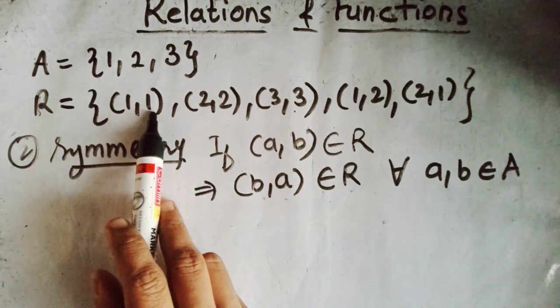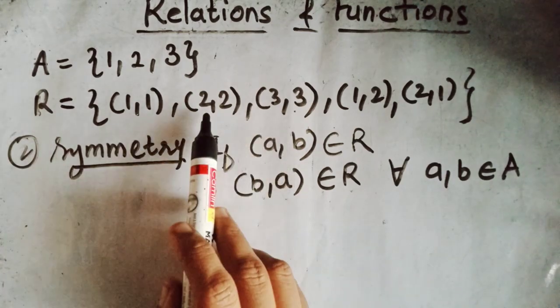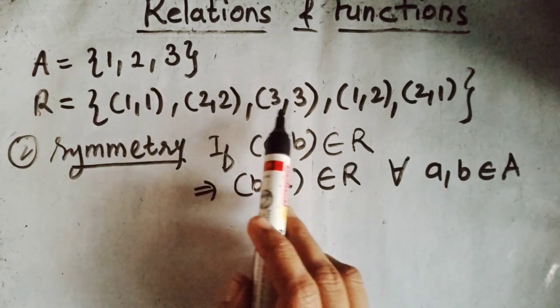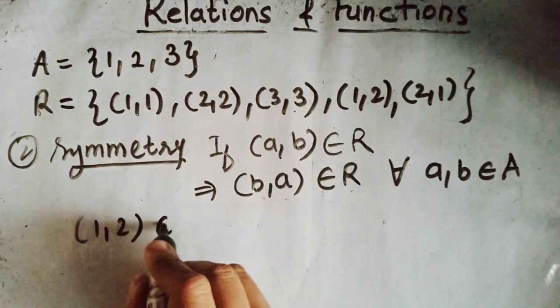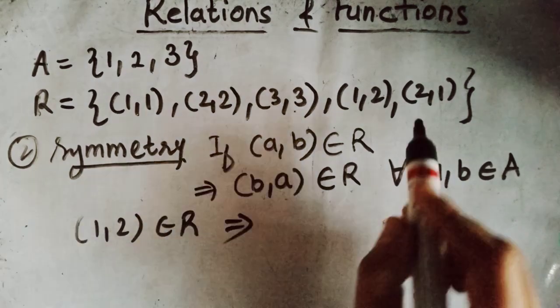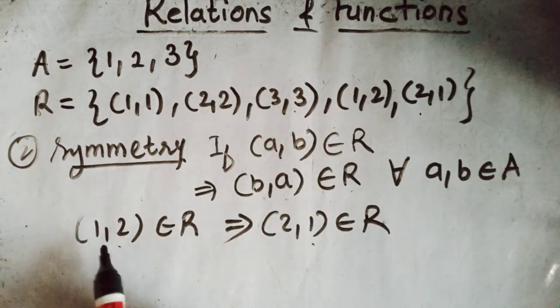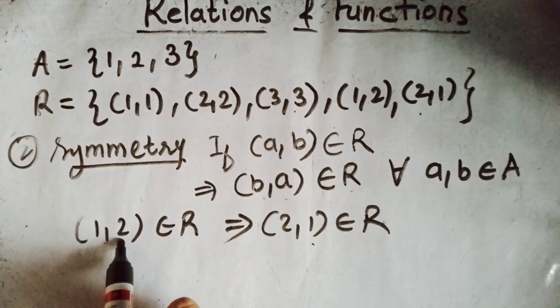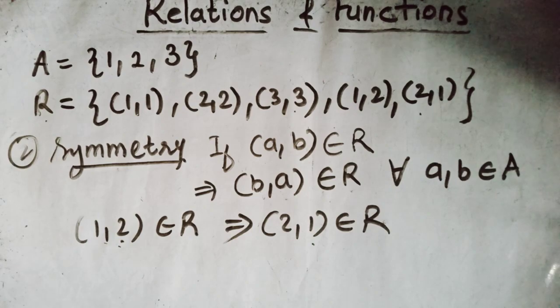Now (1,1), its symmetric element will be (1,1); it is present in R. Also for (2,2), also for (3,3). Now I am taking (1,2) belonging to R. So we have the element (2,1) belonging to R, which is the symmetric element of (1,2). So this says that this relation is symmetric.